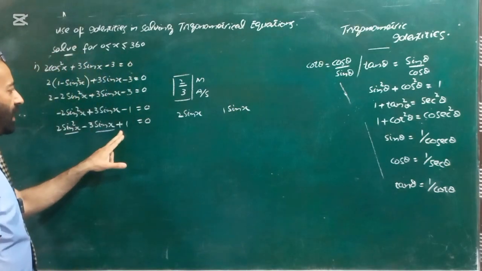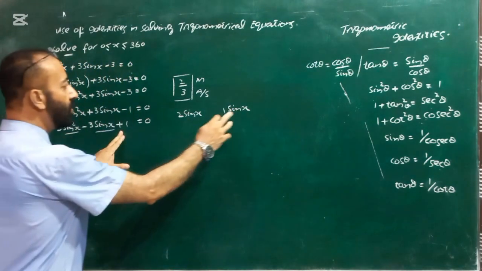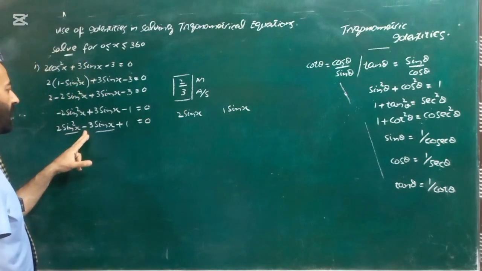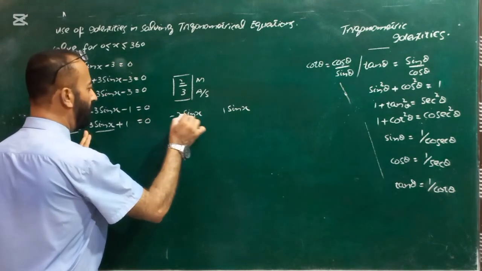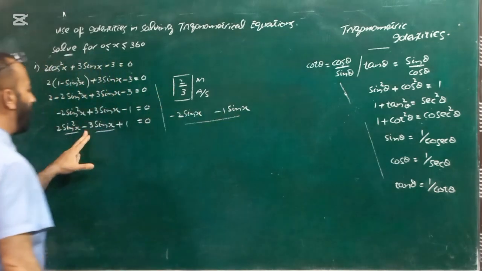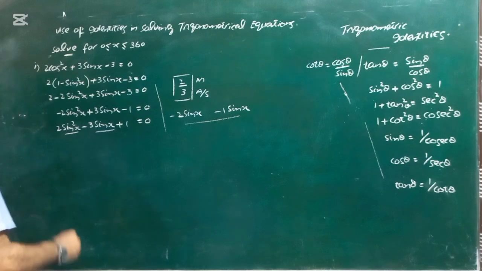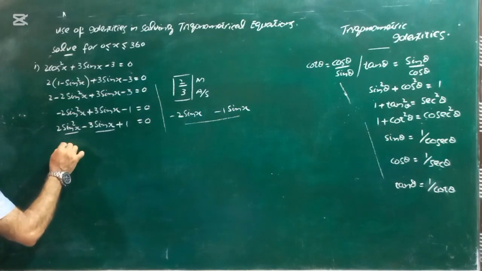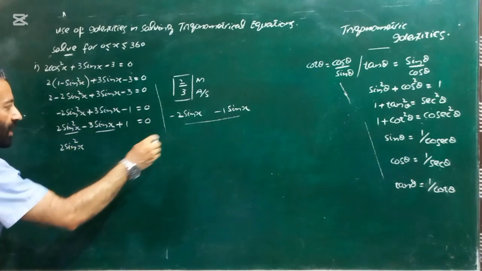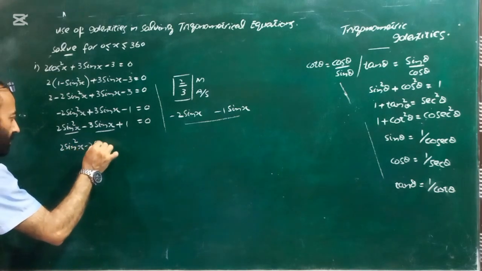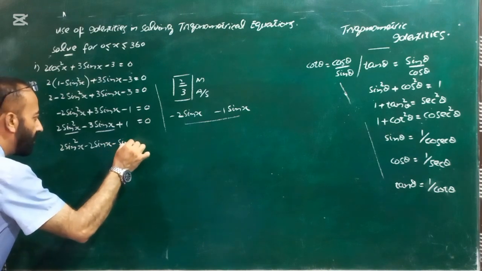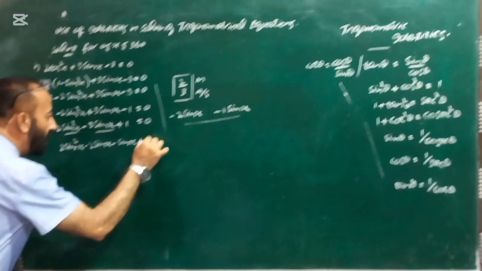Okay, now this sign is telling us that these two values will have the same sign, and this previous sign is telling us that both values will have minus sign. So now we will put this factor in place of the central value. So it will become, first value will remain as it is, that is 2 sin square x. So minus 2 sin x minus sin x, and this plus 1 equal to 0 will remain as it is.